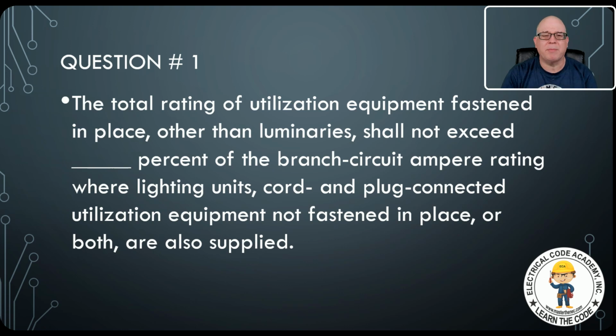But in general, we're just talking about the general branch circuit applications. Also remember that if you're dealing with things like small appliance branch circuits that are required in 210.11(C), then be careful because that has specific rules that say what you can and can't put on those small appliance branch circuits and things like that. So remember we have all those other rules that we have to be aware of.